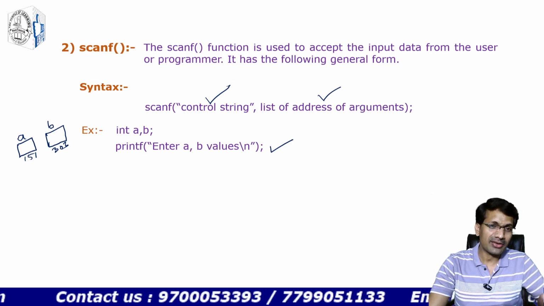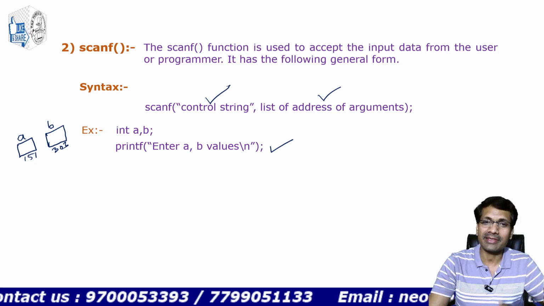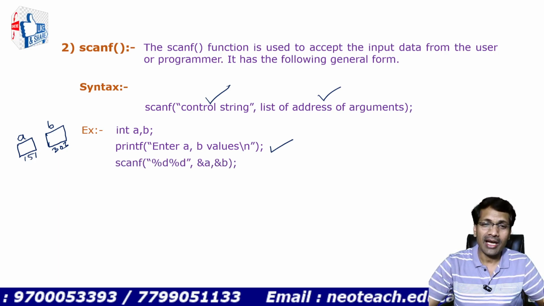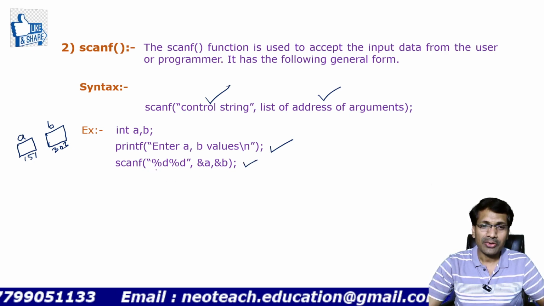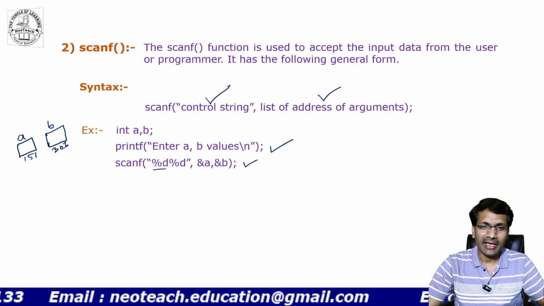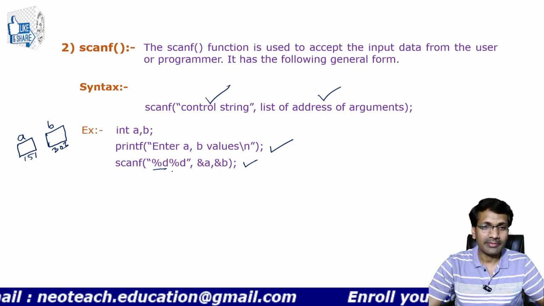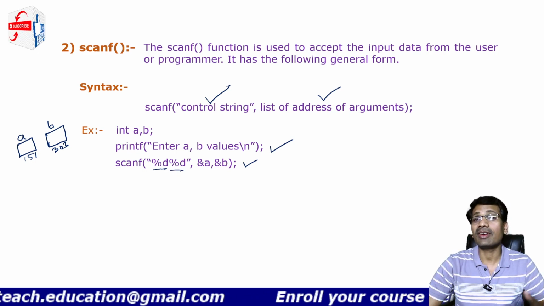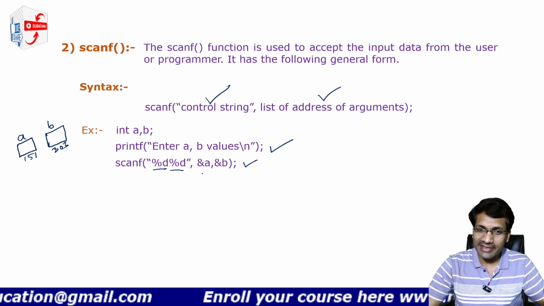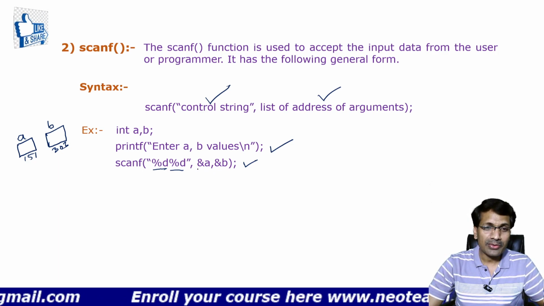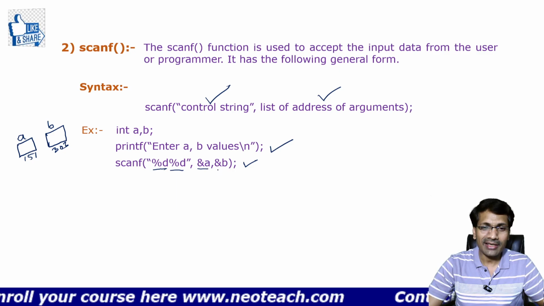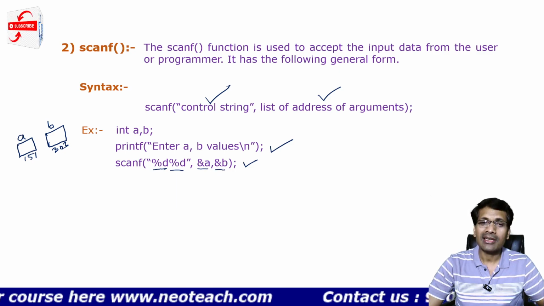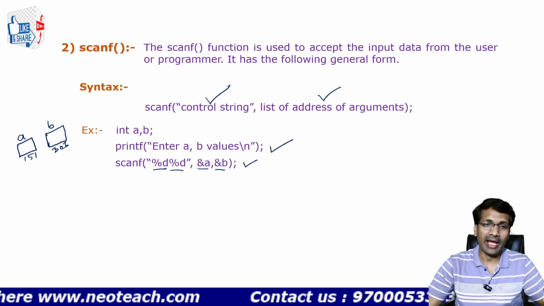Then how should I catch them from the keyboard? I write this statement: two values I am reading. %d means one numeric value, and one more %d, another numeric value, meaning decimal value. The first value I want to store into the address of a, and the second into the address of b.